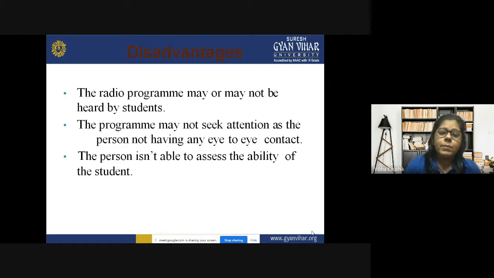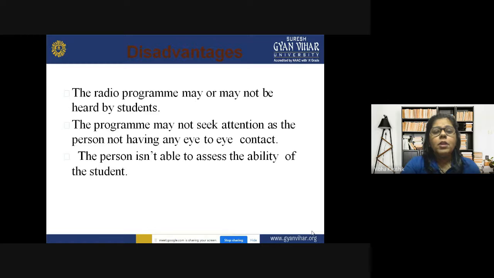Now, this is the biggest disadvantage, because the students are not having eye to eye contact with the instructor, and that's why we are not able to seek the attention of the learners. The person is not able to assess the ability of the student, how much they have learned a particular concept. It is very difficult to assess the knowledge of the student. The radio program may or may not be heard.